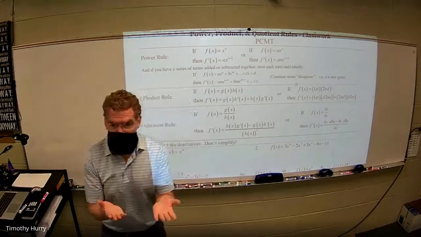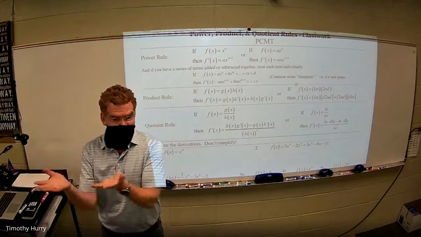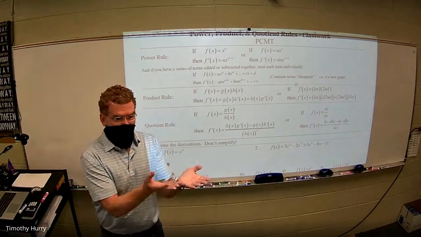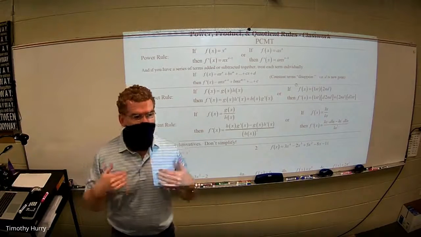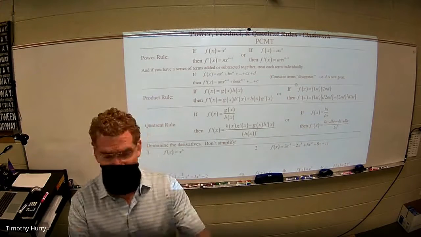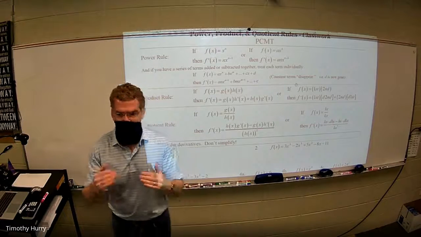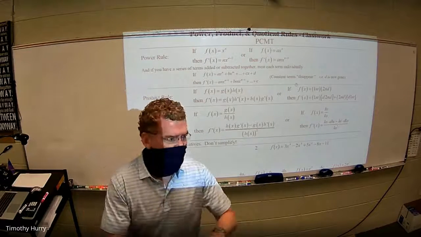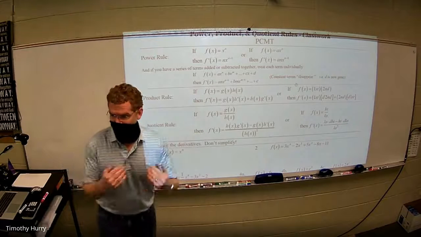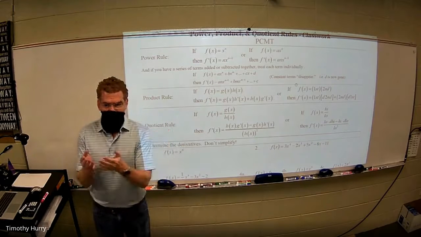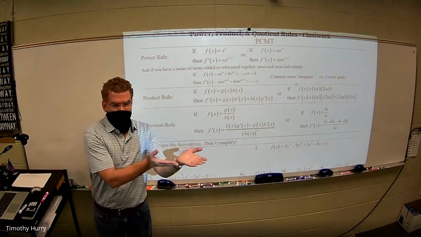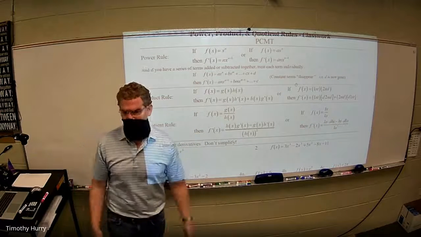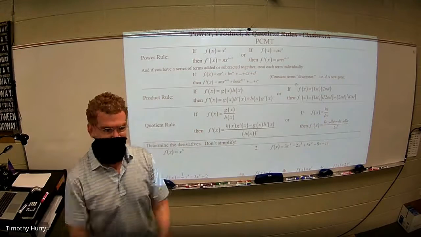Things like circles, where you have x's and y's mixed up together, and they're all on one side, those are implicit equations, and for implicit, you would need to know implicit differentiation. We're not doing that. So everything we're going to do on functions this year is going to be y equals stuff, which is going to be a little bit easy on you. And then we'll let calculus take you to the next level.